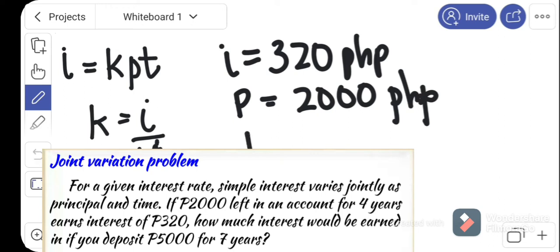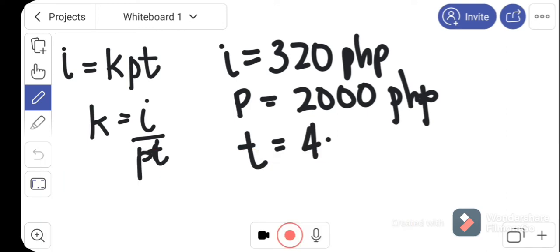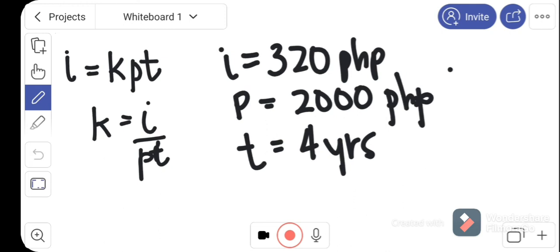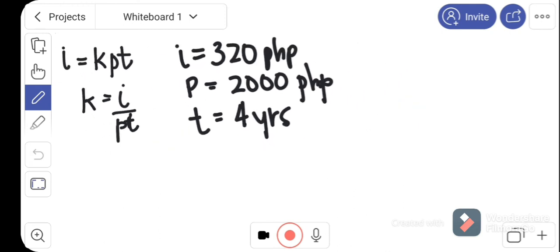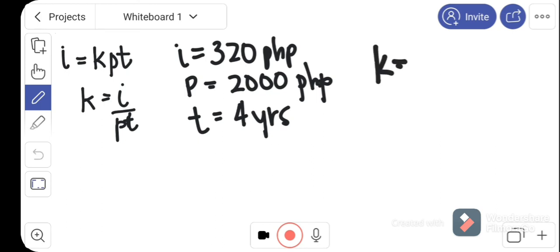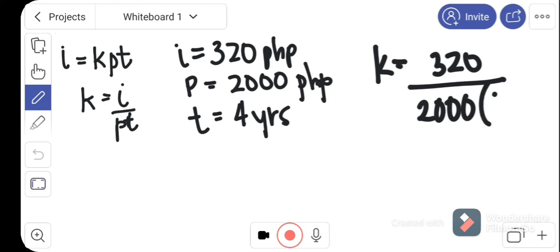For our time, we have 4 years. This is the initial given. From there, we solve for the value of our constant of variation. We have k is equal to 320 over 2,000 times 4 years time.